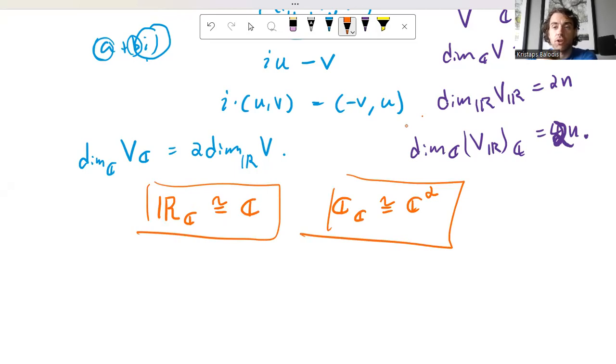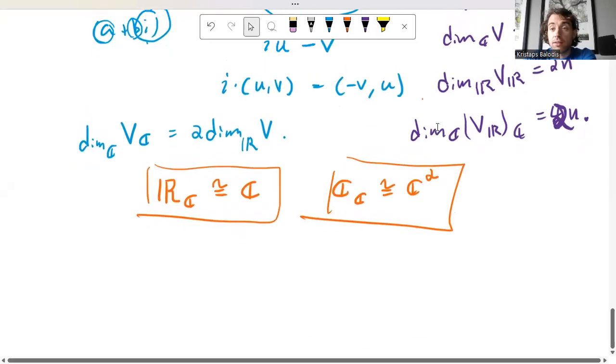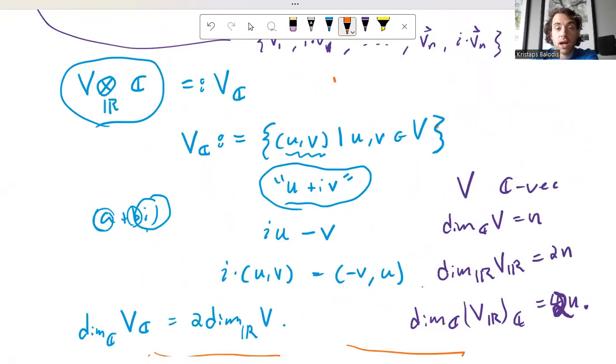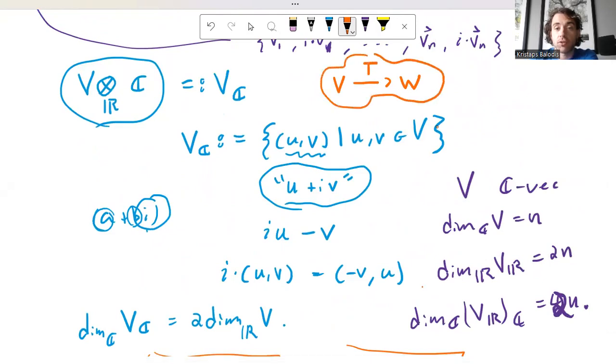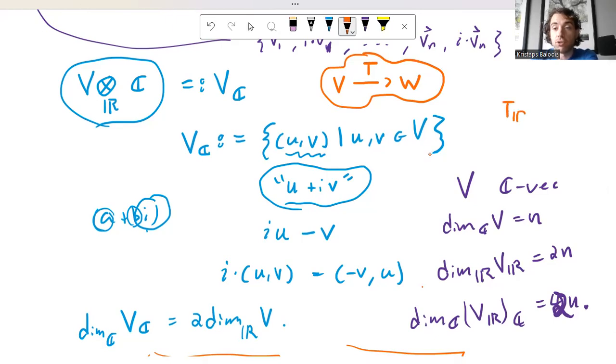Okay, so some fancier stuff is that I should mention that these processes also give you a way, if you have a linear transformation of complex vector spaces, and you did this sort of forgetting down to the real vector spaces, this induces, so I'll leave it to you to think about how exactly you define it, a linear transformation on the real vector spaces.